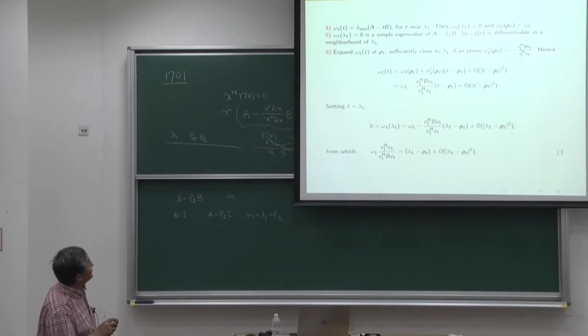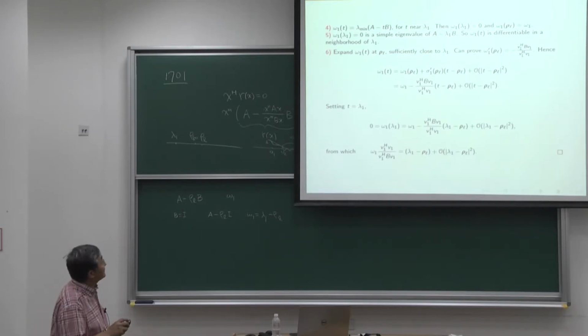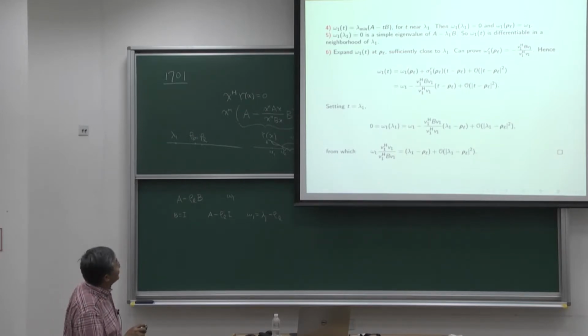Next we're going to look at the omega 1(t) expansion using Taylor expansion at rho L. So the Taylor expansion of omega 1 at rho L would be the value, the derivative, and higher order terms. Sorry about that, that's a typo. That's basic calculus. So omega 1 at rho L is omega 1, the notation we talked about.